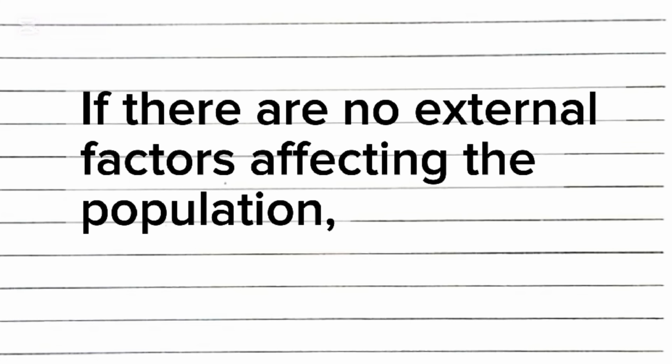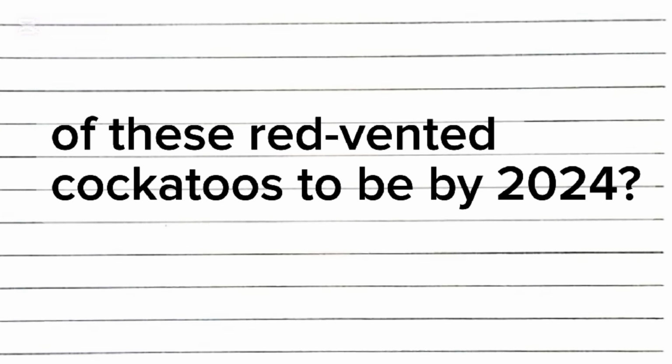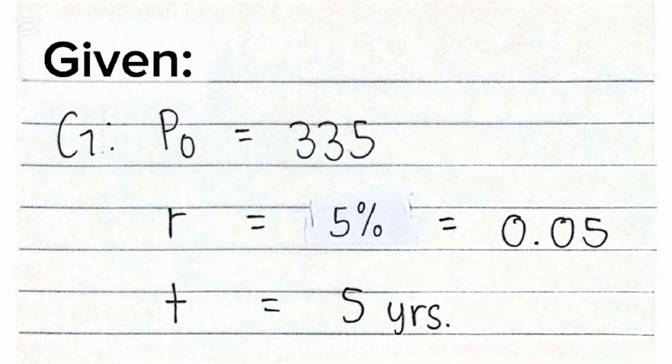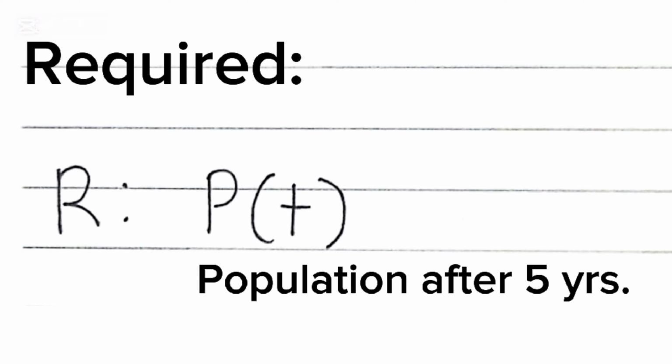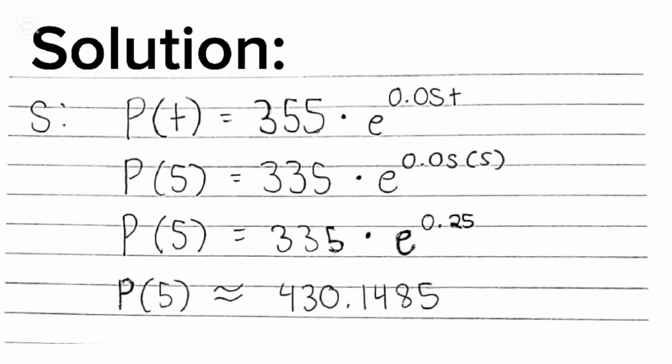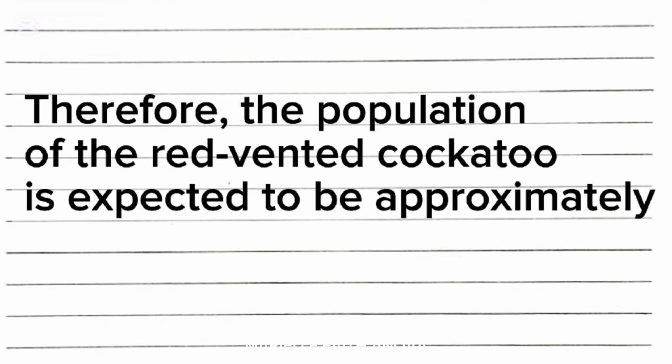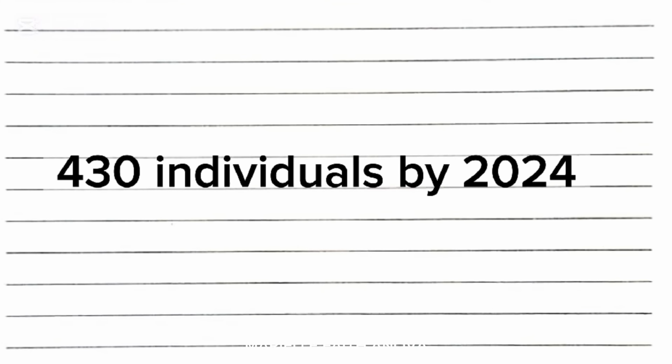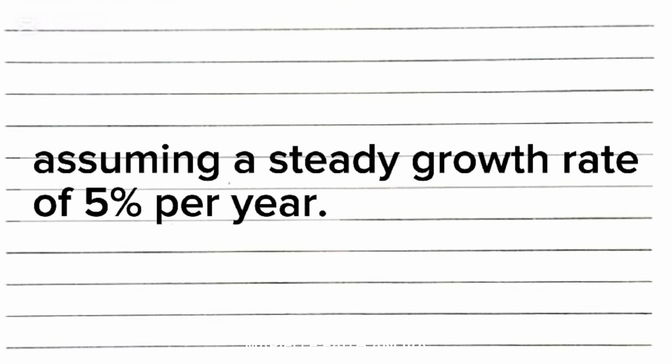If there are no external factors affecting the population, what could we expect the population of these red-vented cockatoos to be by 2024? Therefore, the population of the red-vented cockatoo is expected to be approximately 430 individuals by 2024, assuming a steady growth rate of 5% per year.